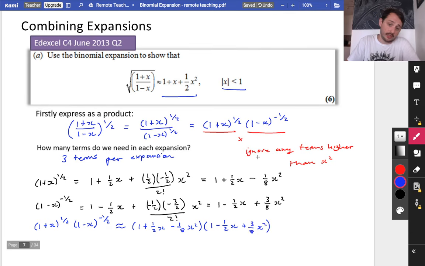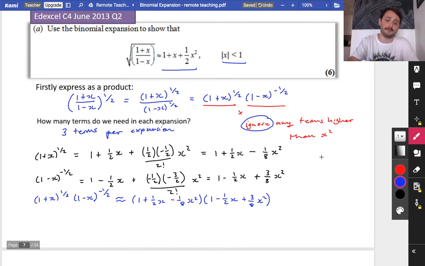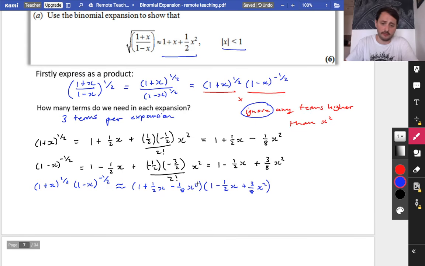Now I said you can ignore any terms higher than x squared, and we can actually start doing that right away. So I'm not going to do a full expansion here. I'm just going to expand the things that will give me something that is either a constant, an x, or an x squared. If it gives me an x cubed, I'm not even going to write it down. You do not need to write it down.